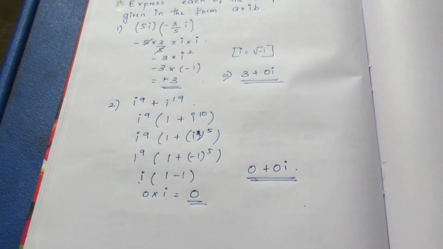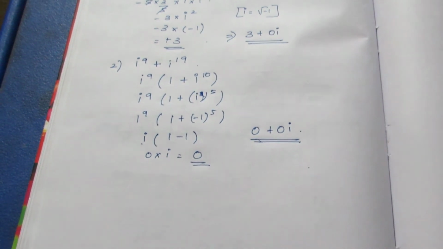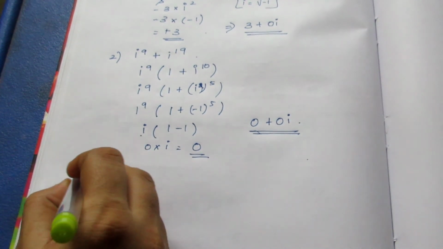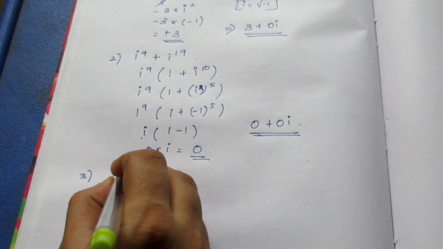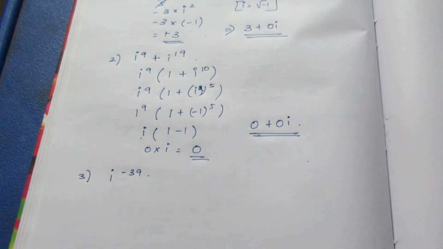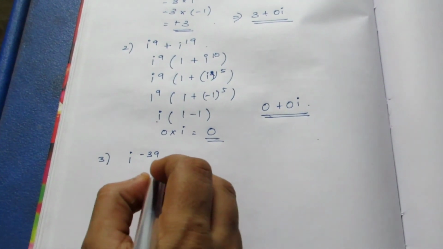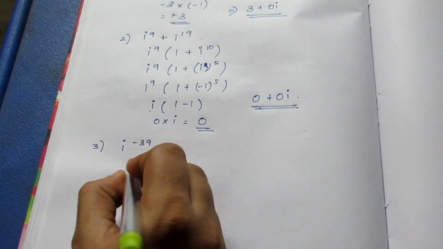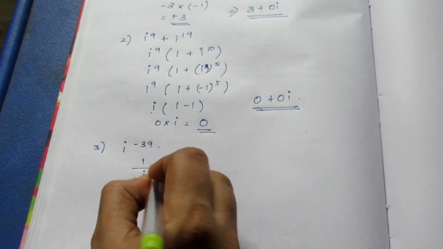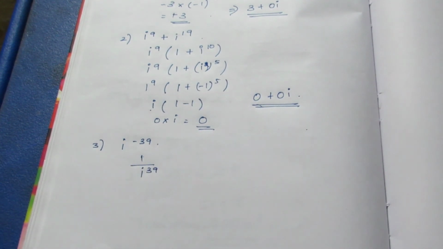Now we'll move on to the third sum. In the third sum it is given as i power minus 39. We know that anything with a minus power, we can write as 1 by i power 39.